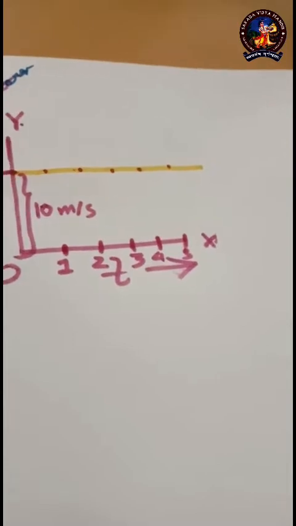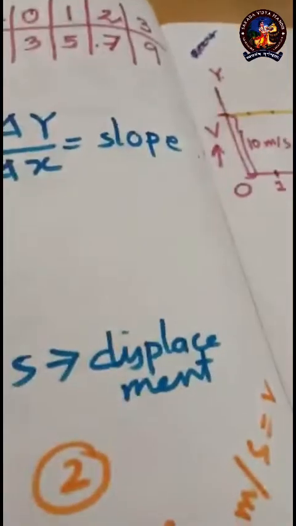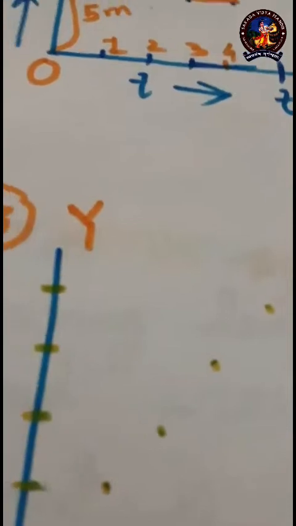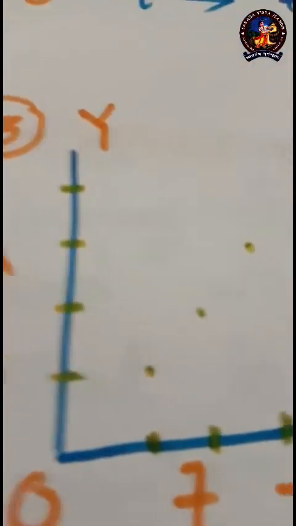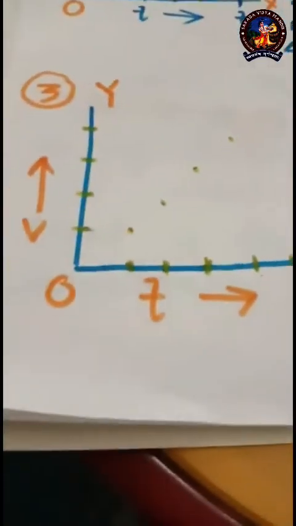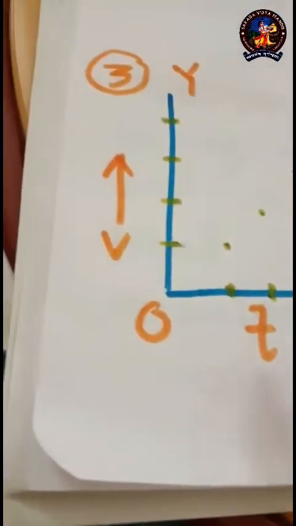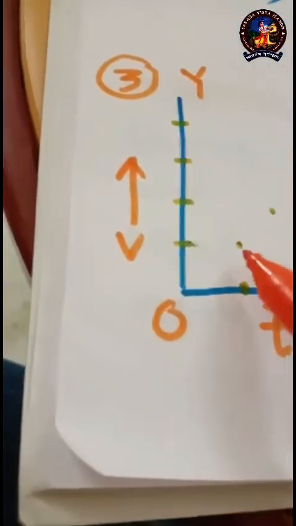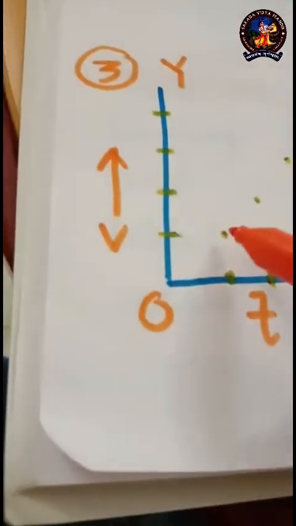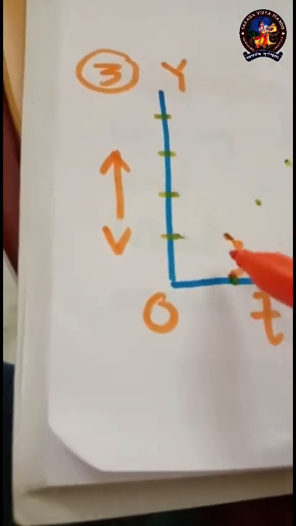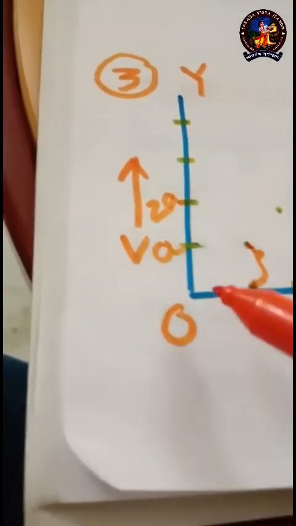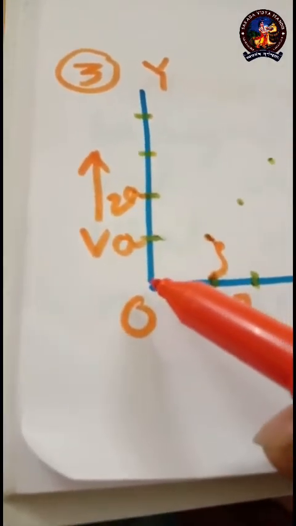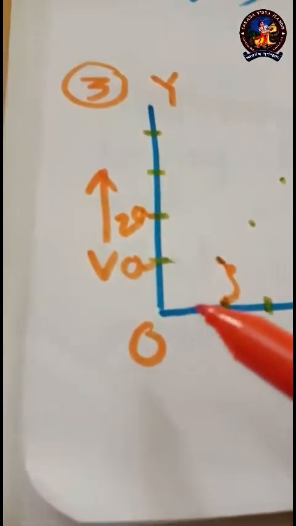Is that clear? Now we will switch to the velocity when it is changing, that is, when it is having acceleration. Suppose the acceleration acting here is A. Now when the time is 0, the object has 0 velocity.